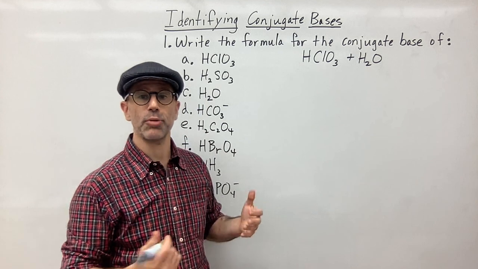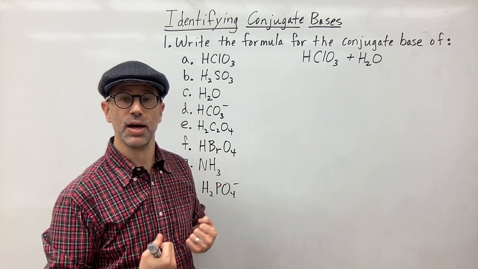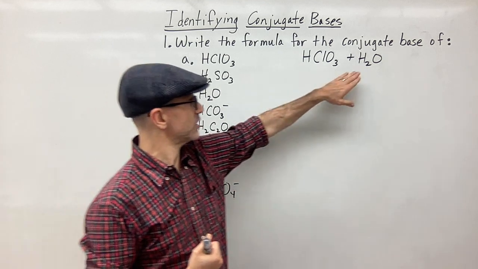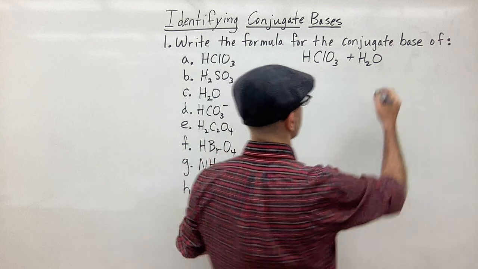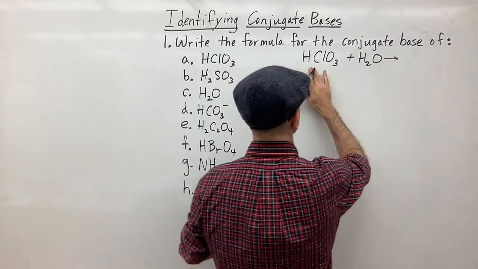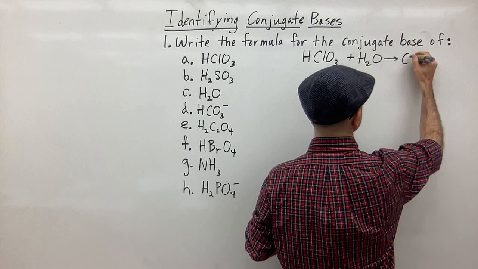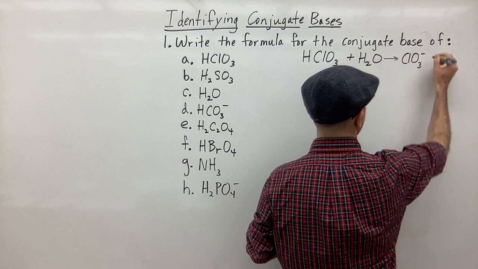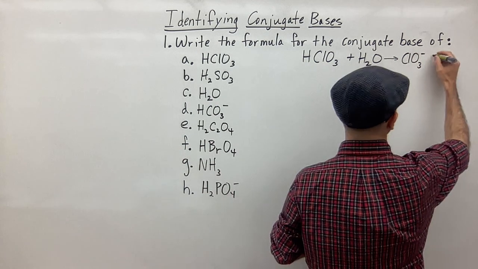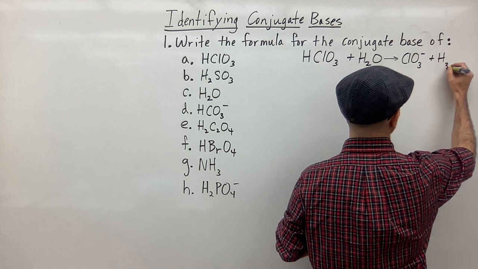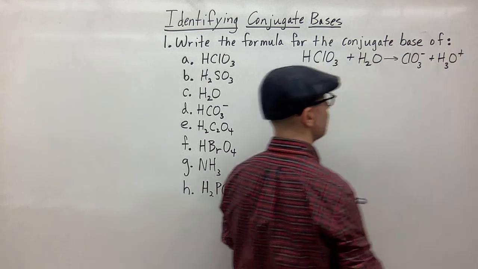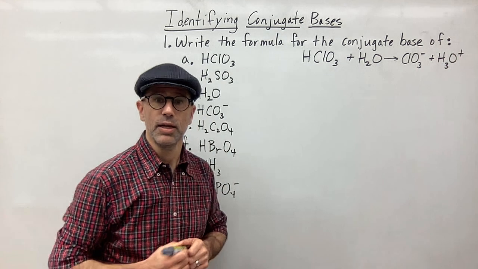The Bronsted-Lowry base accepts the proton. So then what's left is this ClO3 minus, plus the hydronium ion with a positive charge on it.